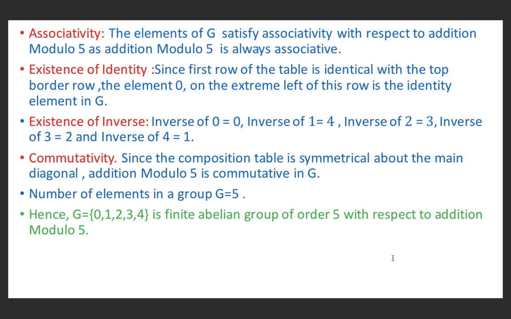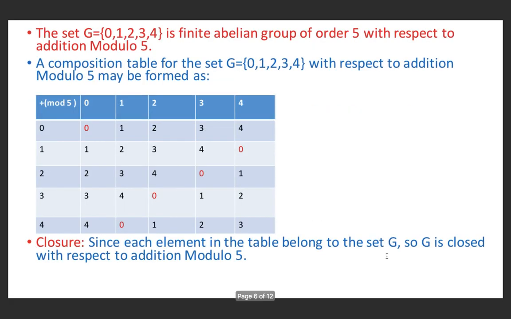Since the first row of the table is identical with the top border row, the 0 on the extreme left of this row is the identity element in G. So 0 is our identity element.